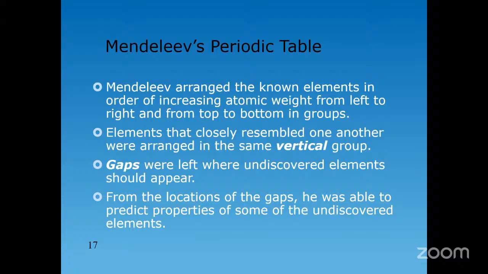And this is without any understanding of how the properties are arrived at, because back then they didn't know anything about the atomic structure. They didn't know that it is the electrons, and more specifically the valence electrons, that determine the properties, which we're going to discuss later on. Nobody knew that back then. All he saw was this pattern, and that was it, okay?